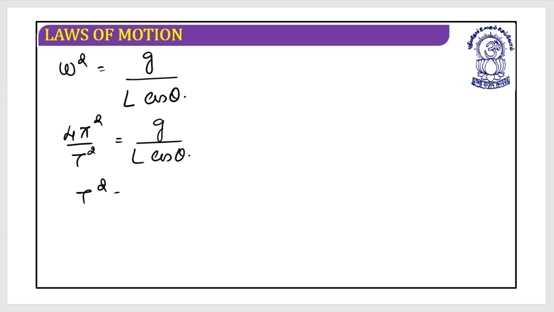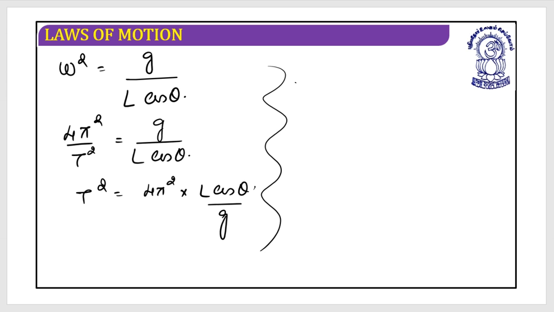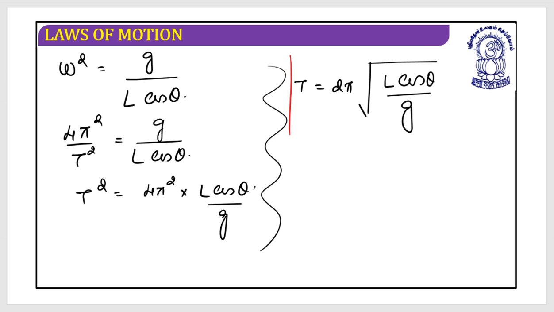So t square is equal to 4 pi square into L cos theta by g. So t is equal to 2 pi root of L cos theta by g. This is the time period.